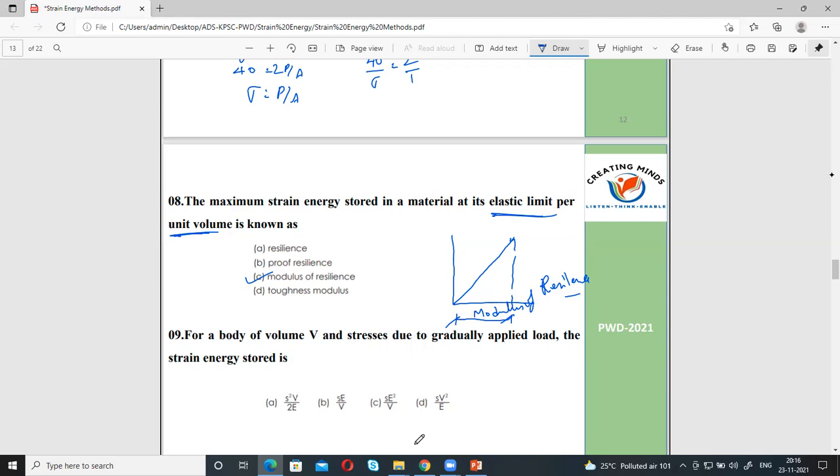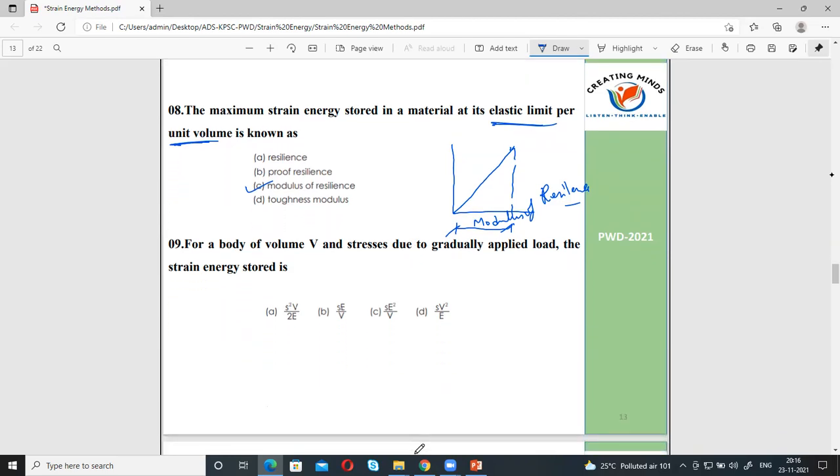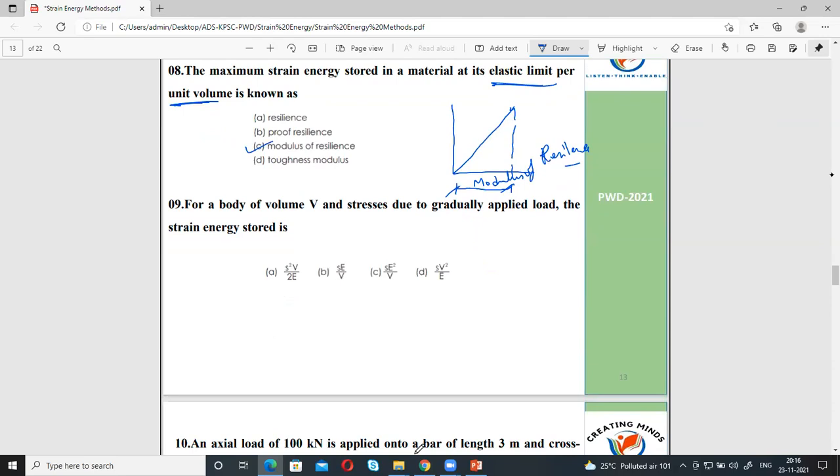For a body of volume V and stress due to gradually applied load, what is the equation? Option A. What is the equation for gradually applied load?